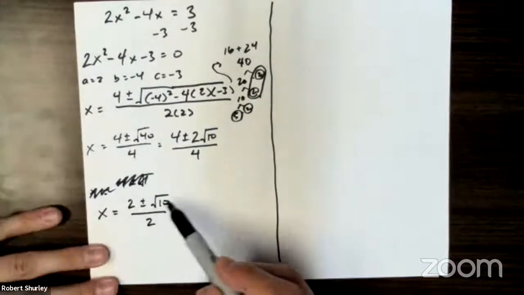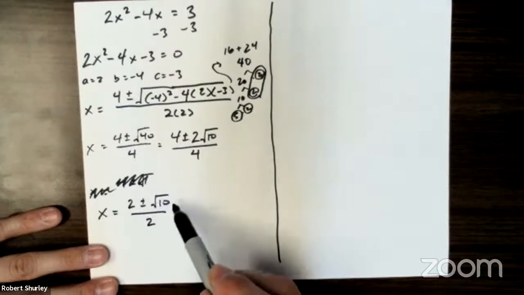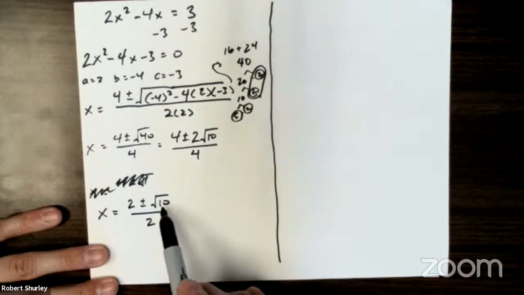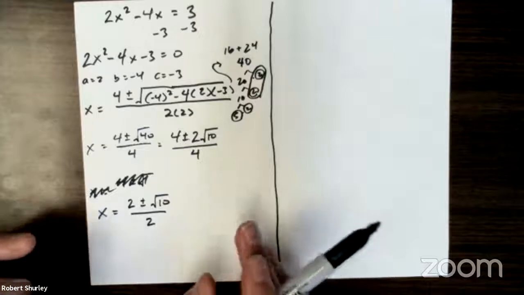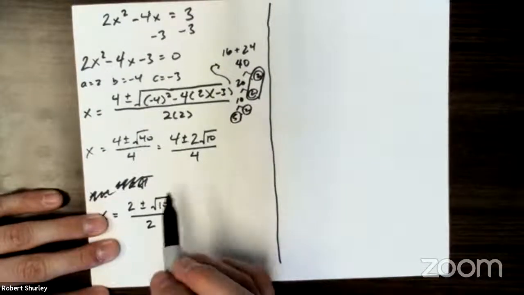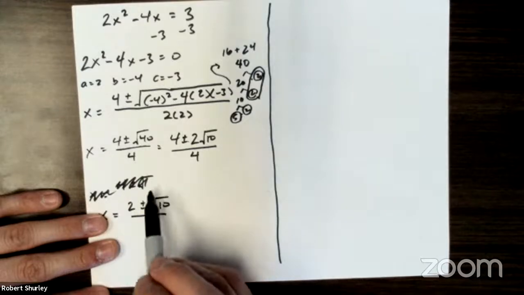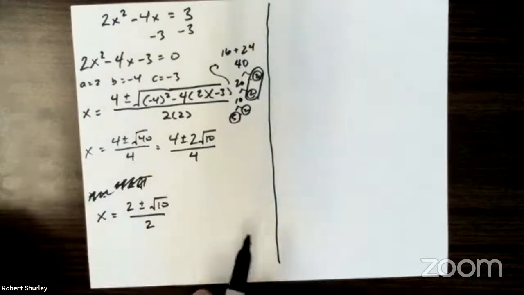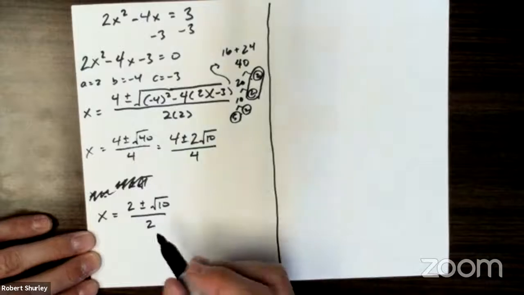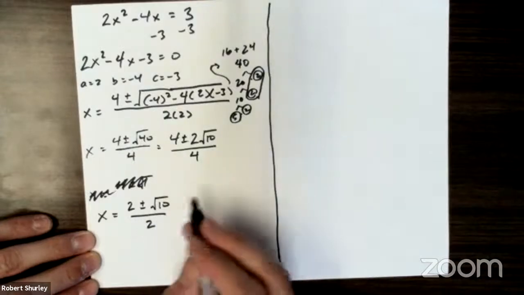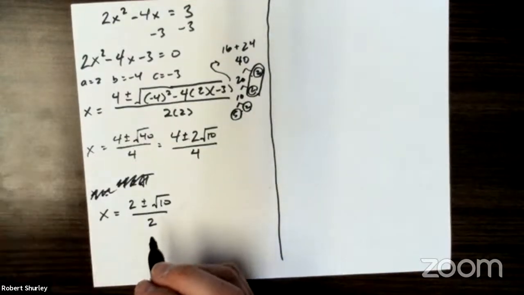But you have to divide it into all three parts. We can't divide a 2 into here, right? Now that 10 isn't a 10. It's a square root of 10. It's like 3 point something or another, okay? So we can't divide this by 2, because of this radical, not going to work, okay? So that's our two solutions, 2 plus the square root of 10 over 2 and 2 minus the square root of 10 over 2.